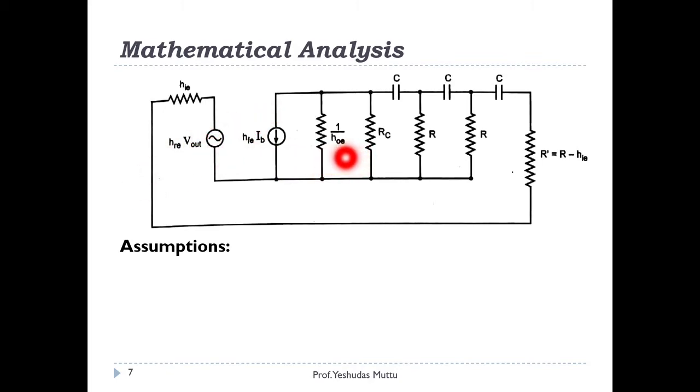Then again HOE is very less. If it is very less, 1 upon very less is very more, too much. So since it is too much, this resistance will be too high, so no current will flow through it, or I can say least current will flow through it, so I can ignore it.